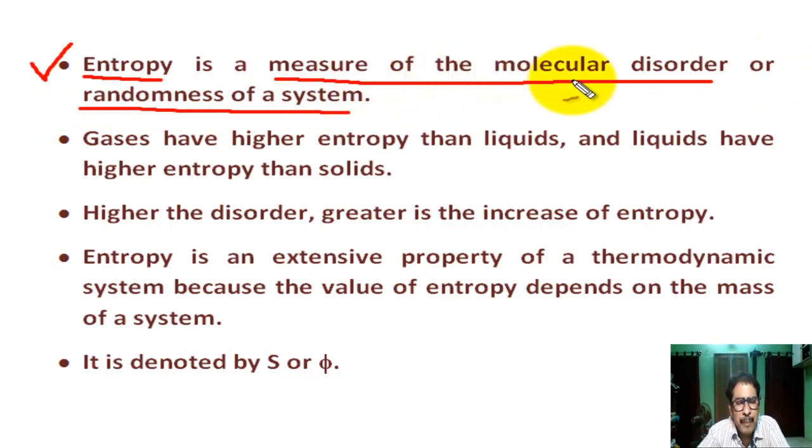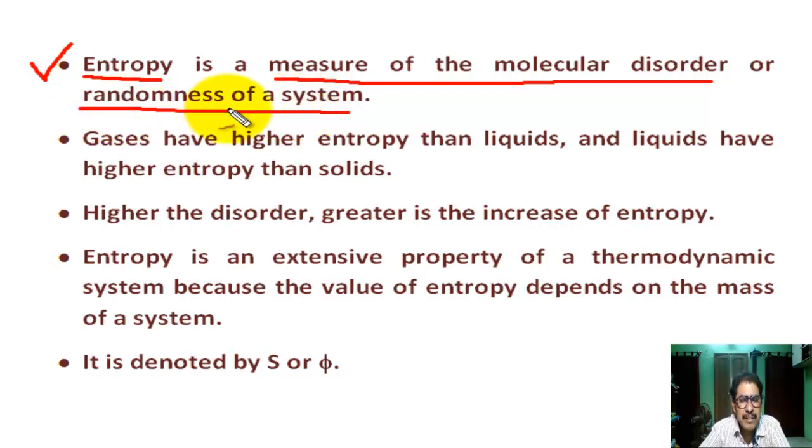Molecular disorder means when it contains different kinds of molecules. Different kinds of molecules measure the randomness of a system.